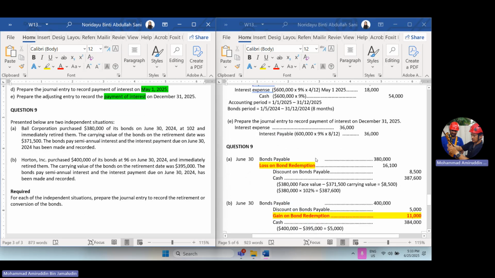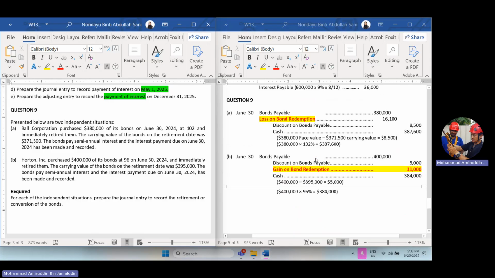Okay, the last question. Question 9. Presented below are two independent situations. First one, we have the bonds. This is the one that I want to discuss. Bond issued at discount, bond issued at premium. Okay, first situation. We have the bonds, 380,000 on June 30th, 2024 at 102.